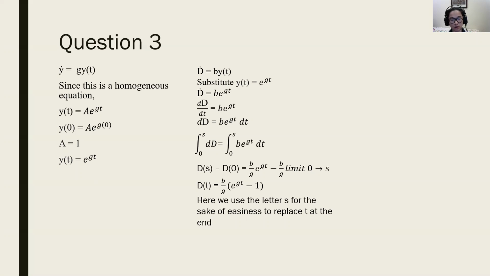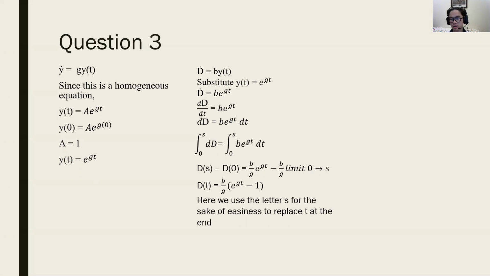The integral of dD with limits 0 to s will be D_s minus D_0. And the integration of b e to the power of gt with limits 0 to s will give b over g times e to the power of gs minus b over g.